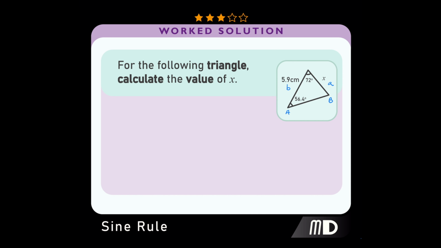We've been given 2 angles in a triangle. The sum of the angles in a triangle is 180 degrees.